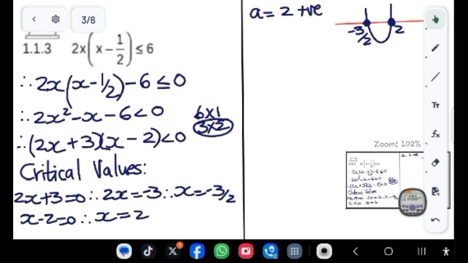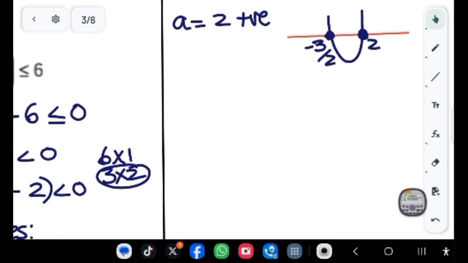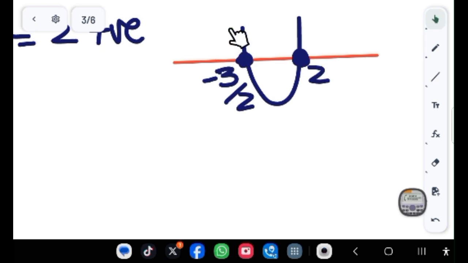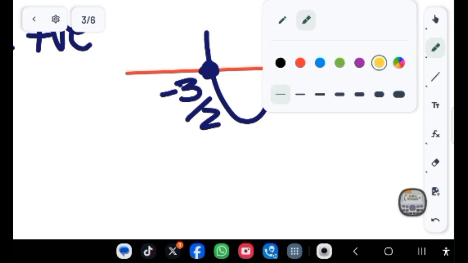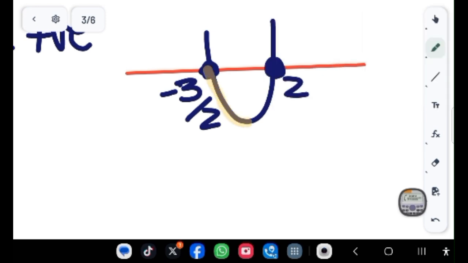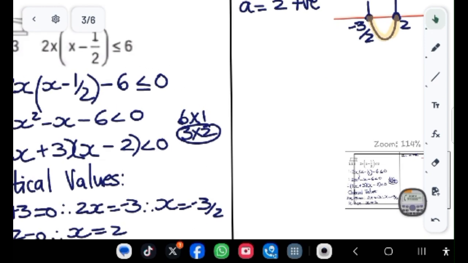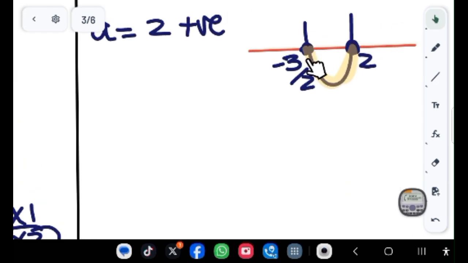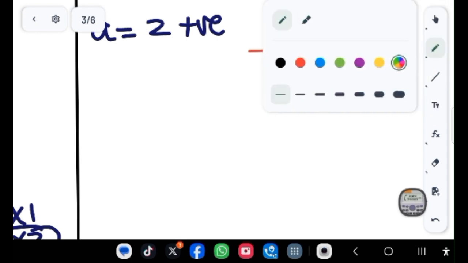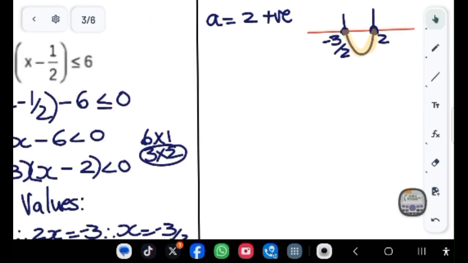Now let's find for when this parabola is negative. That's what the function tells us on the left hand side. This is negative when the parabola lies below the x-axis. So let's find where the parabola lies below the x-axis. There it is. So meaning that this is less than or equal to 6 when your x lies between negative 3 over 2 and 2, including the endpoint, because it's an inequality with that equal sign part of it.